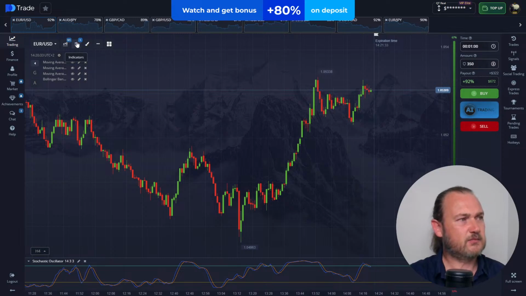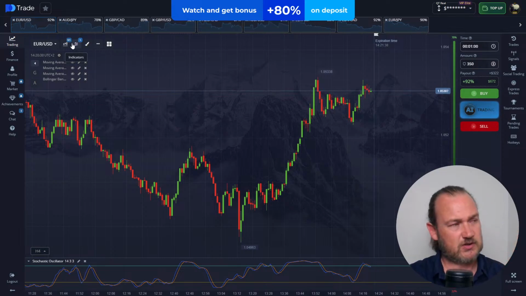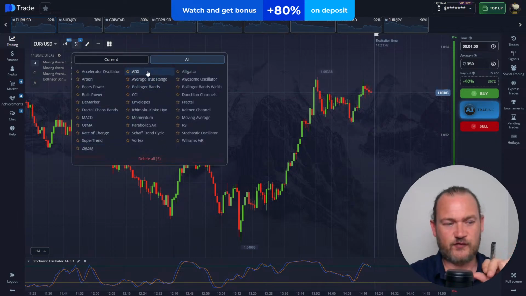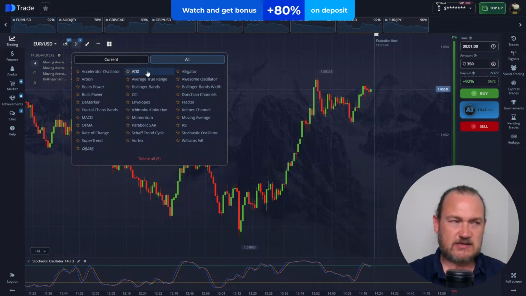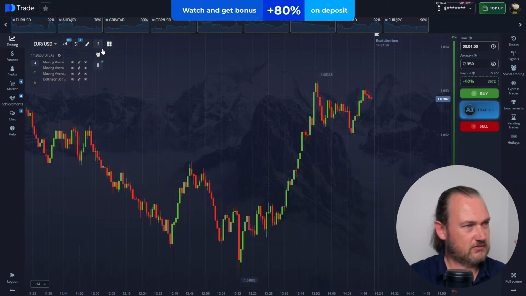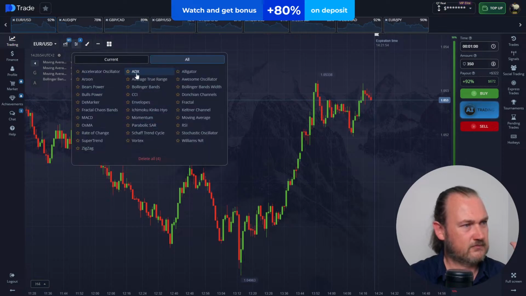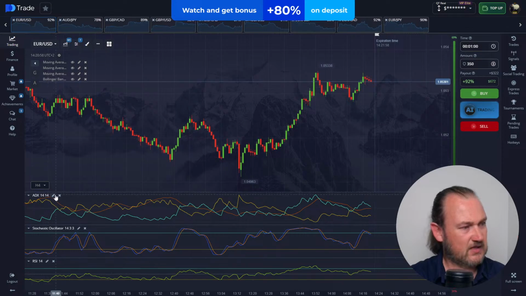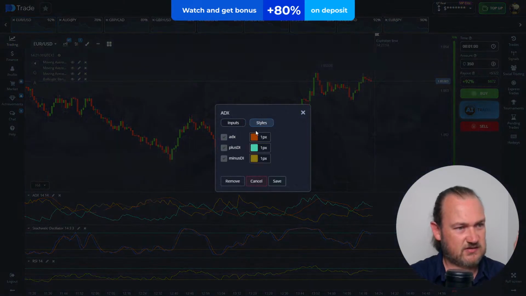Okay, so I'm gonna add my normal indicators that I usually use when I'm trading. I'm gonna add them back, and then we're gonna look at how we can confirm entries from the stochastic. Let me just change these colors quick.